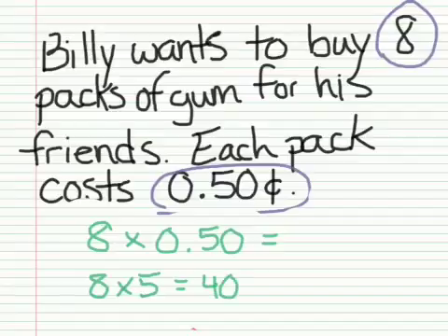Now, why this works for 50 cents is because the 5 in 5 wholes would be right here, and the 5 for 50 cents or 5/10 is right there. It has been moved to the right 1 place value. So that's where we need to do our multiplication. So 8 times 5 being 40 is going to move the 4 over to the left in 1 place value.